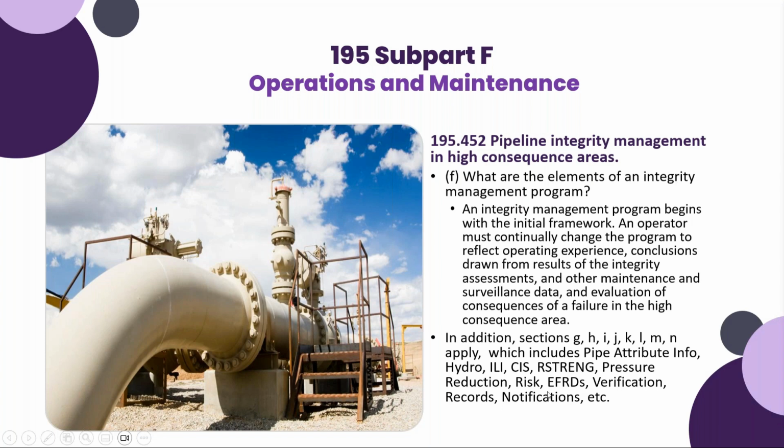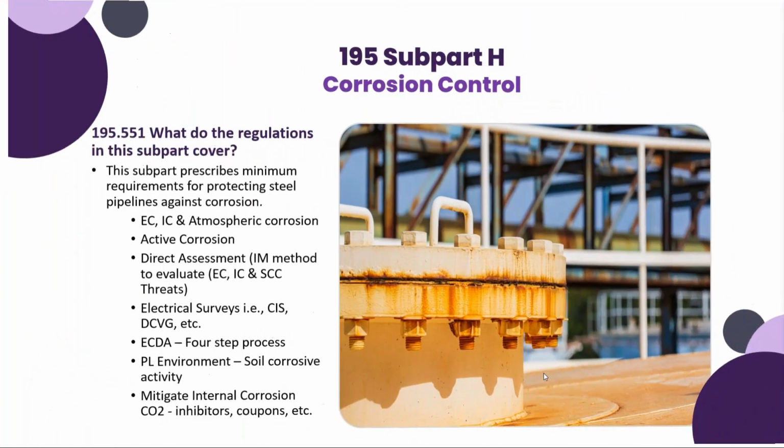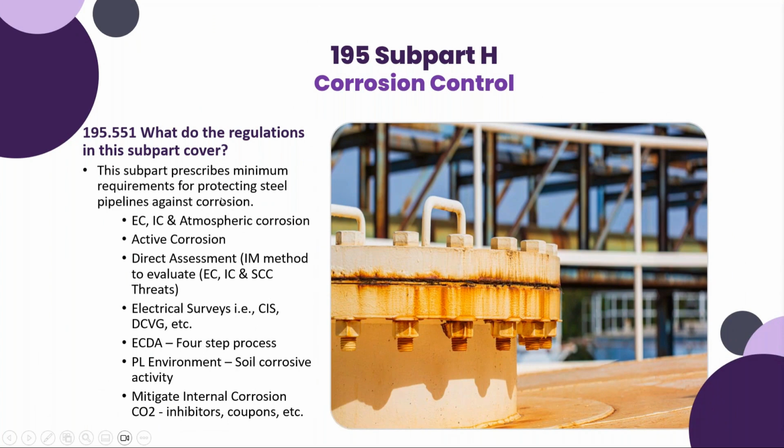Pressure reduction, risk, emergency failure devices, verification records, notifications, and so on and so forth. So this is what we're looking at. Also, corrosion control has its own section, and so on and so forth.